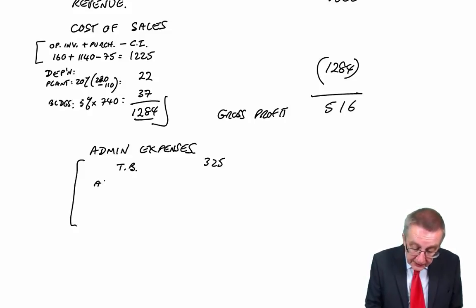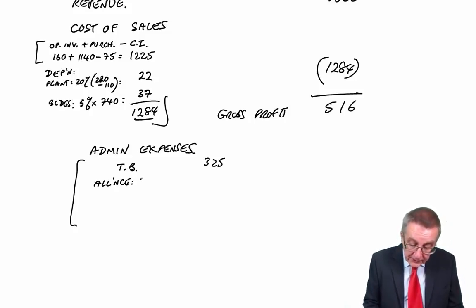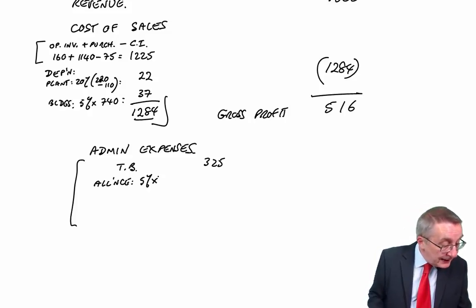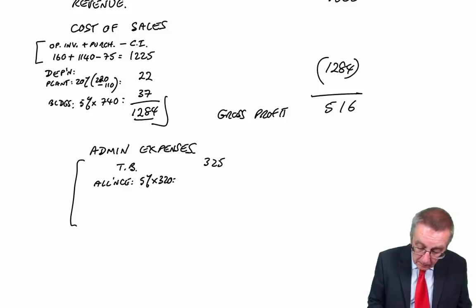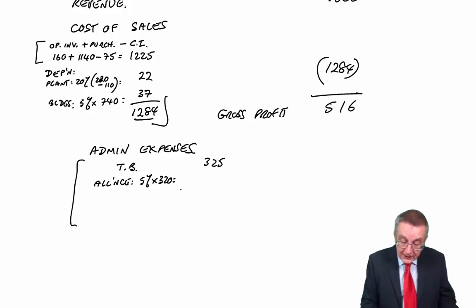So, what allowance do we want? 5% of receivables, towards the end of the trial balance, of 320. 5% of 320 is 16.